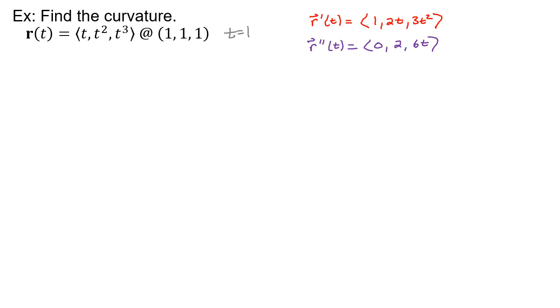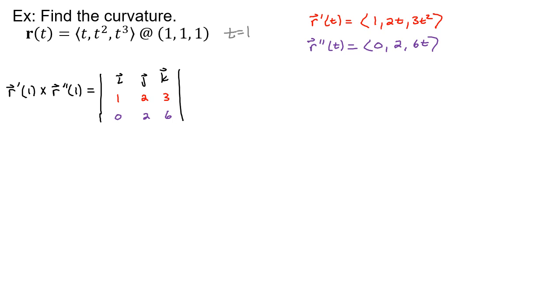So when I do my cross product, since I'm finding it at the point, I could go ahead and plug that point in and actually do the cross product, evaluating each one of them at 1 instead of at t. And so I'll have an i, a j, and a k. But for the first row, I'll have 1, 2, 3. For the second row, I'll have 0, 2, 6.